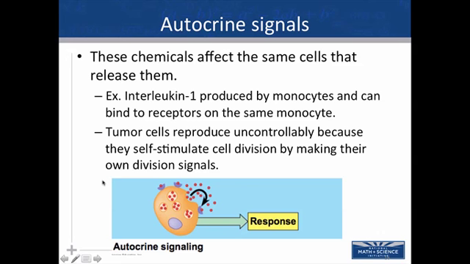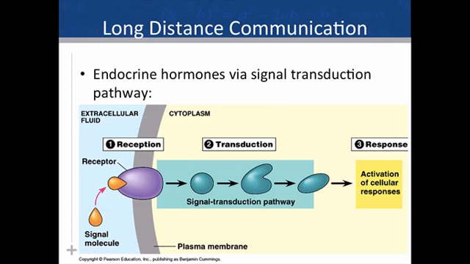And then tumor cells reproduce uncontrollably because they are self-stimulating that signal to divide. So that's another example of how a cell can communicate with itself by the chemicals that it secretes.